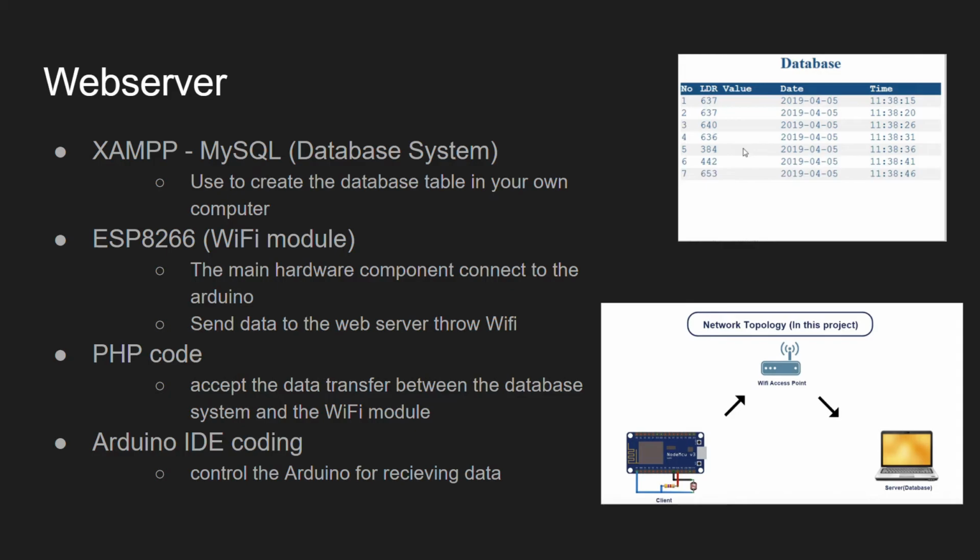And next, the PHP code. It accepts the data transfer between the database system and the Wi-Fi module, and it is the main coding part we need to handle this web server. And finally, the Arduino IDE coding. It is used to control the Arduino for us receiving or sending something.